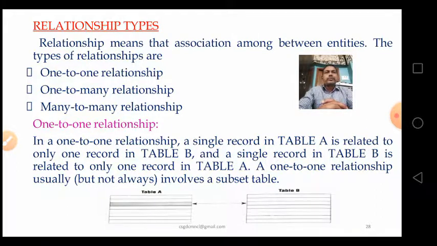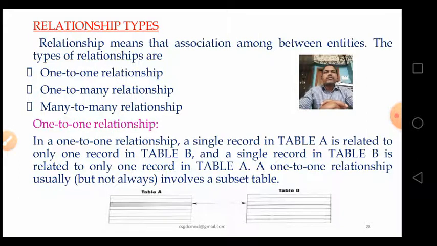The different types are single-valued attributes, multi-valued attributes, compound or composite attributes, simple attributes, stored attributes, derived attributes, key attributes, non-key attributes, required attributes, and optional attributes.